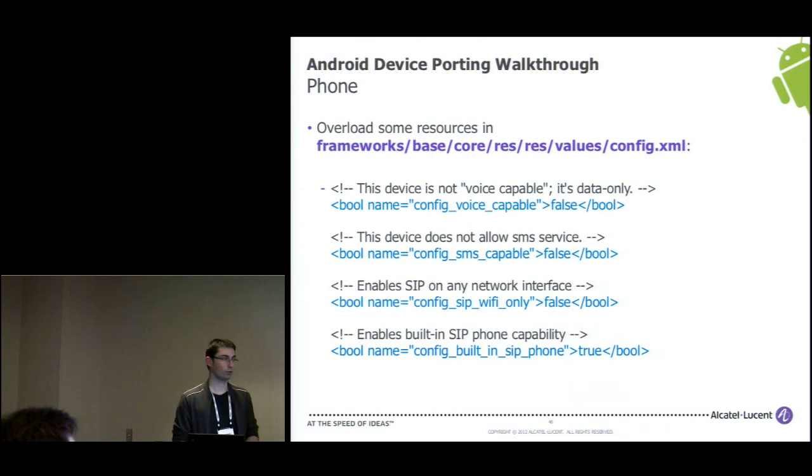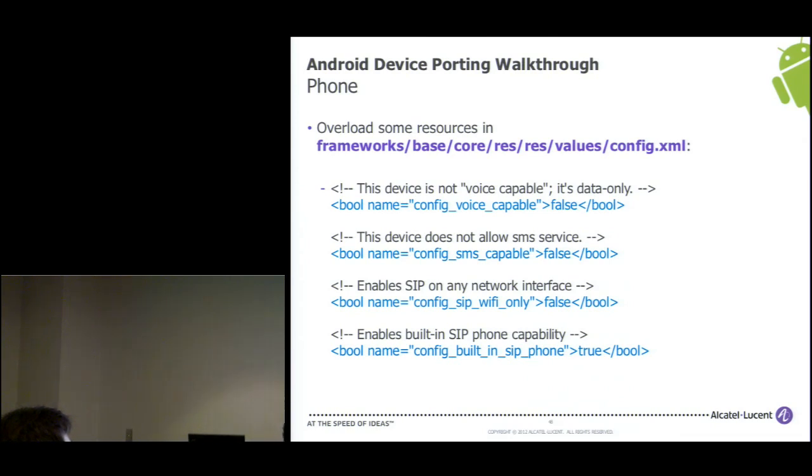Speaking about the phone, because our device actually is a phone, or we want it to be a phone, but as we've seen from Google's standpoint, a phone is something with a modem, with a GSM modem, and we are not. So the least that we can do right now is, once again, to overlay some resources in the frameworks-base config.xml file, and at least enabling or disabling a couple of interesting ones.